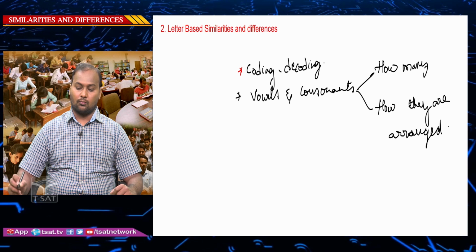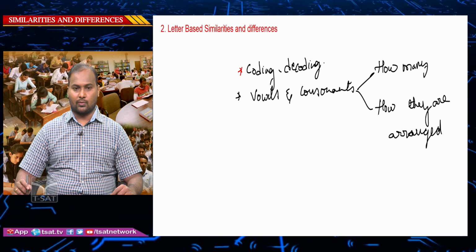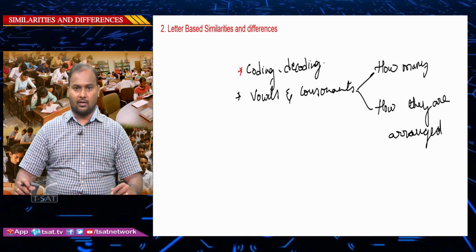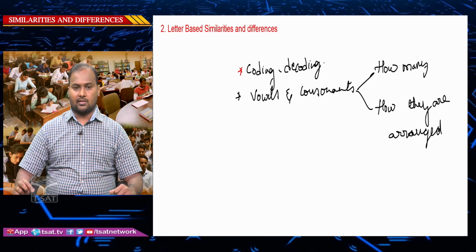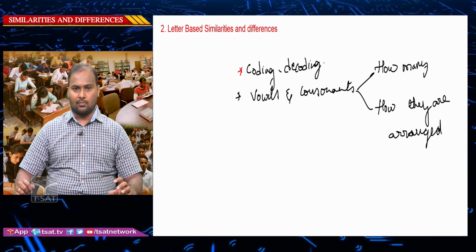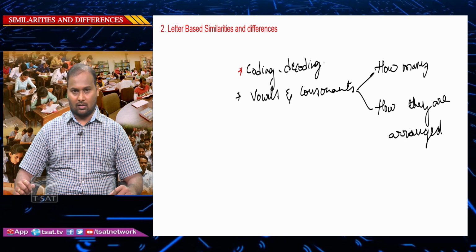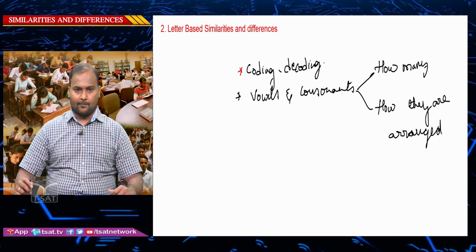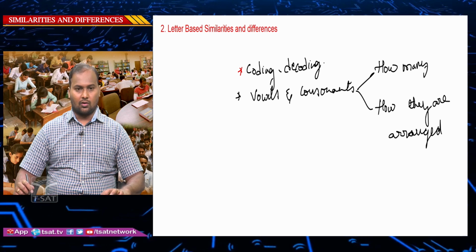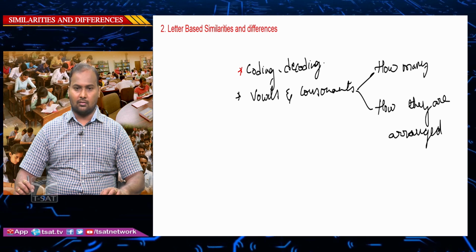The student should know both these areas. So, the student should know only two areas: one is coding and decoding, which was already done in the previous topics, and the second one is vowels and consonants. In the vowels and consonants, he has to observe how these consonants are arranged and how many are there also. So, without wasting time, let's see some questions based upon the format of coding and decoding and vowels and consonants.